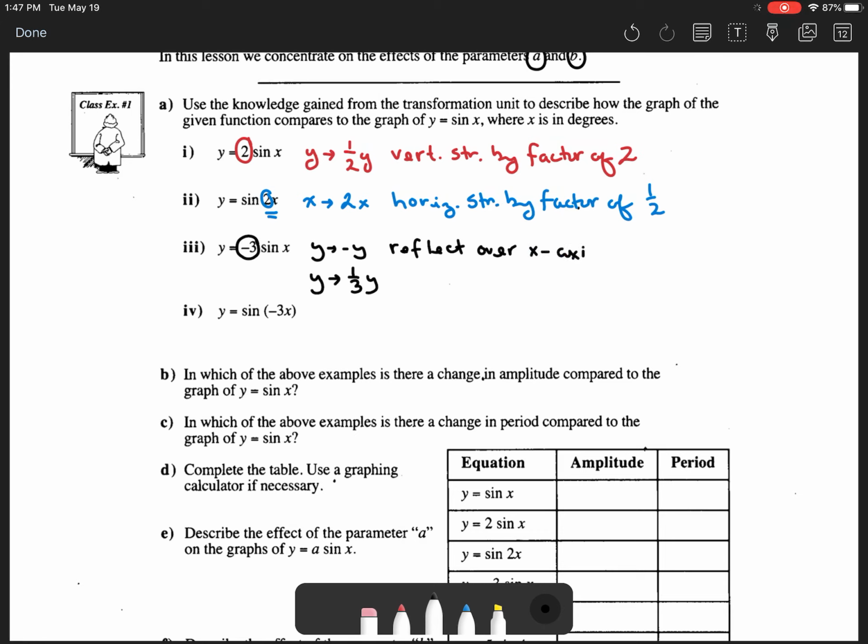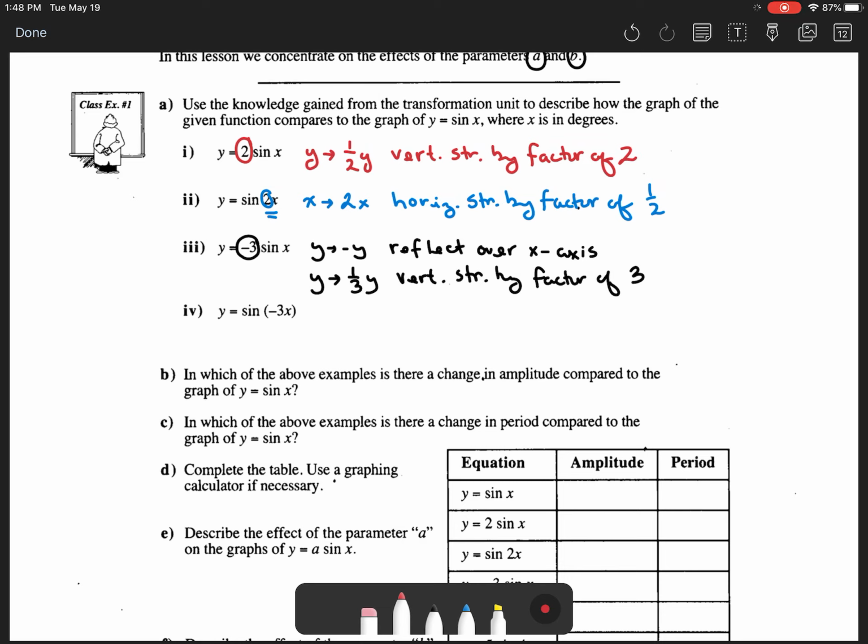So there is the reflection that has occurred. And then when I talk about the stretch, this would be a vertical stretch by a factor of 3 about the x-axis, again, closer to or away from the x-axis.